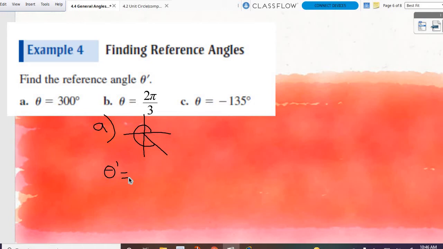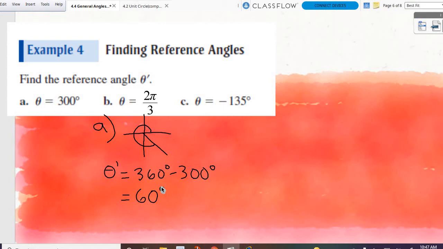Subtract it from 360. We don't want to subtract 360 because that would give us a negative angle. And again, an acute angle has to be between 0 and 90, so it does have to be positive. So what do we get? 60 degrees. Okay with that?